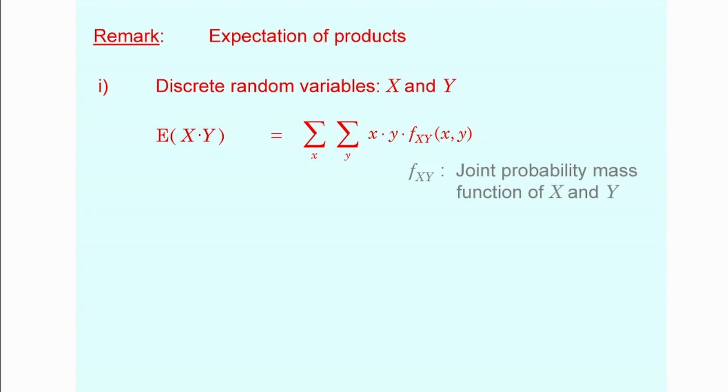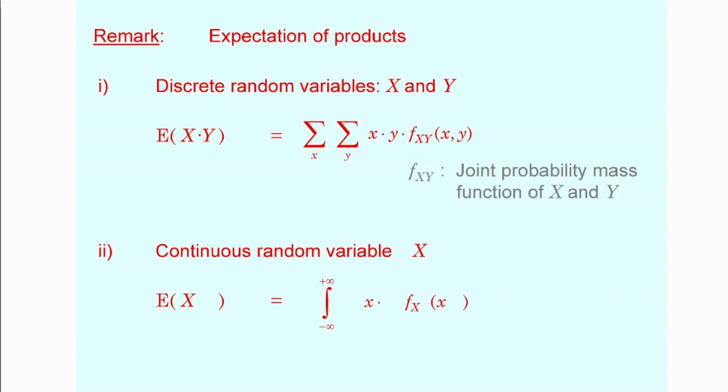I think you have done this before. I didn't apply it here because I wanted to do something else. I don't want to repeat your undergraduate courses, but I just wanted to mention it. The same thing is done when the random variables are continuous.